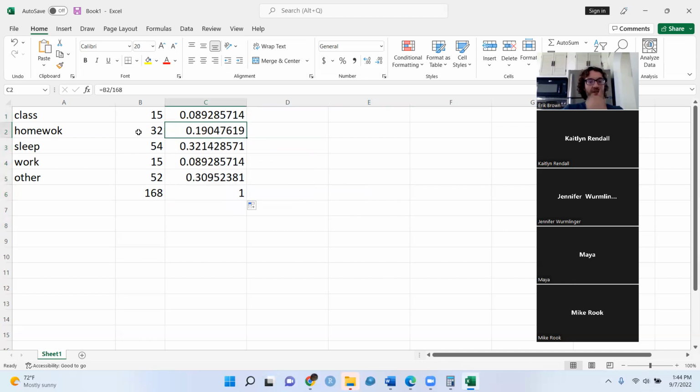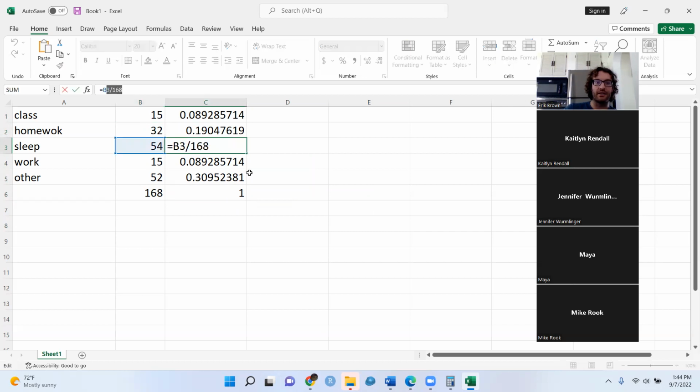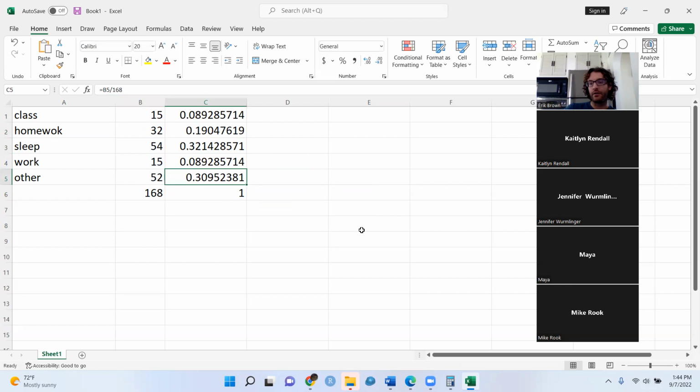So what it did is it took the next cell, here it was B1. When I dragged it down, it took B2 and divided that cell by 168. And then when I dragged it down again, it took B3 and divided it by 168. You can see those formulas populating in here where I dragged it. So it's just a fast way to get the calculation.